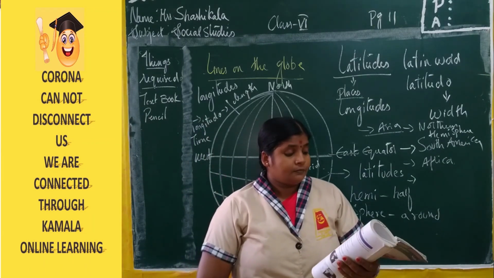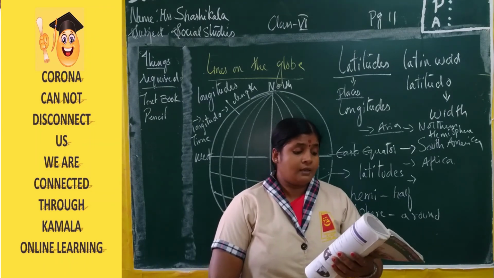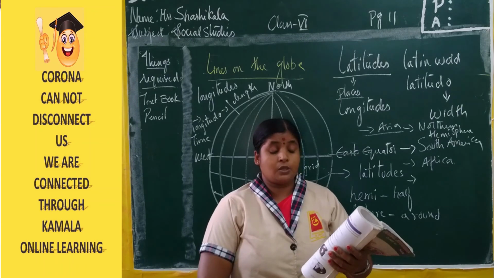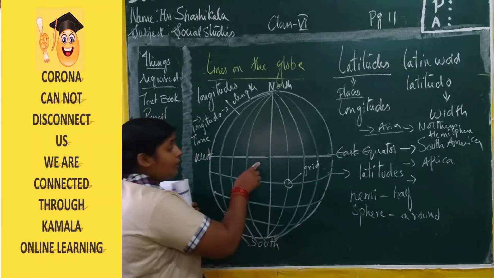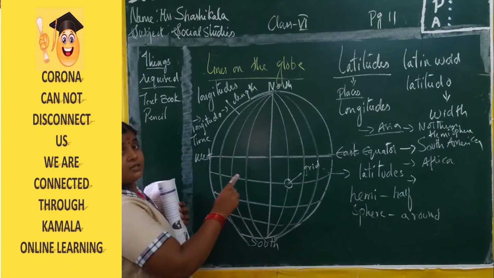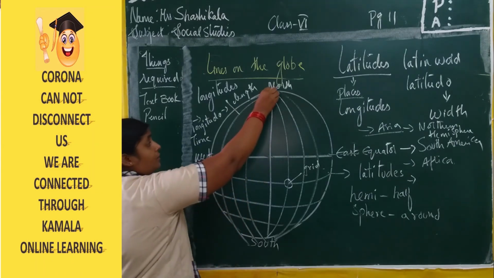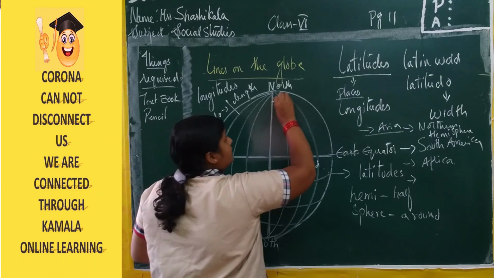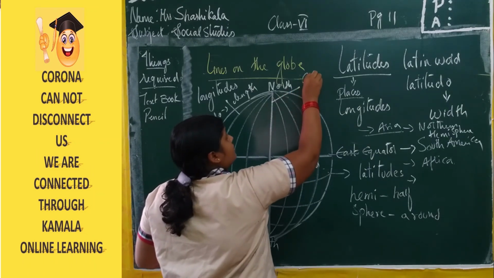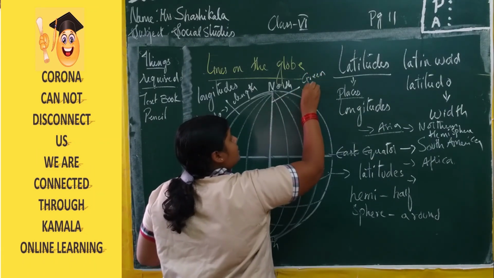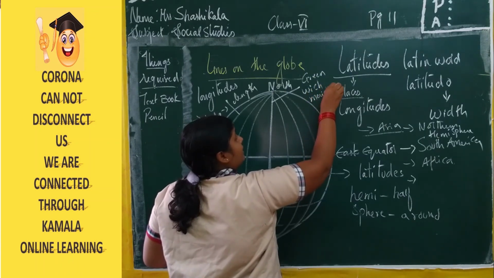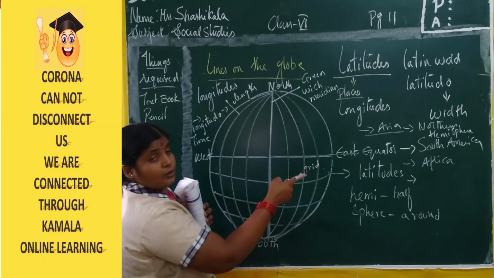So this grid system, or this point, helps us to know about the places and the time of the place. There are two main longitudes, the Greenwich line, which is also called the 0-degree longitude. Just as we have the equator as our longest latitude, in the same way the middle line, which is moving from north to south, is known as the Greenwich meridian, and the equator value is 0 degrees.